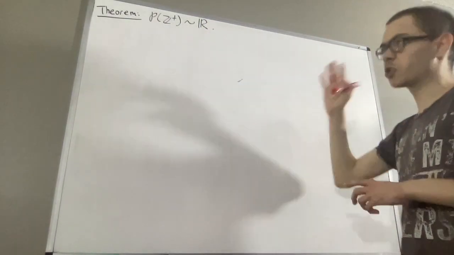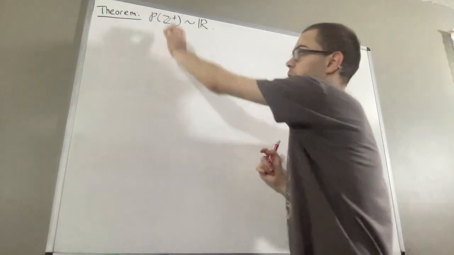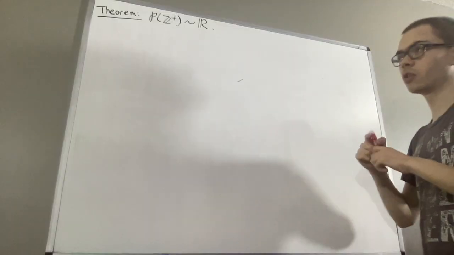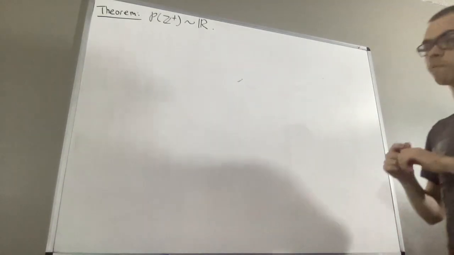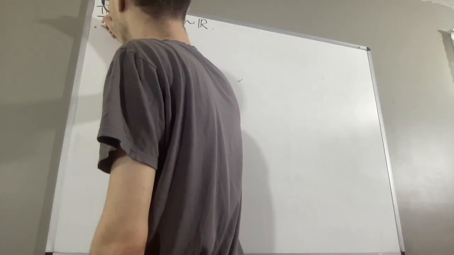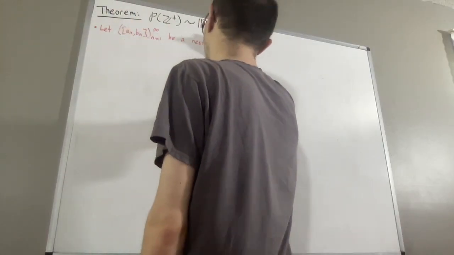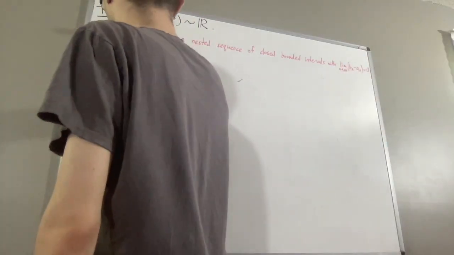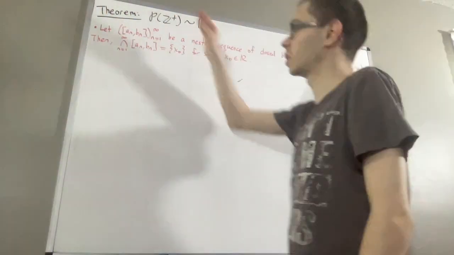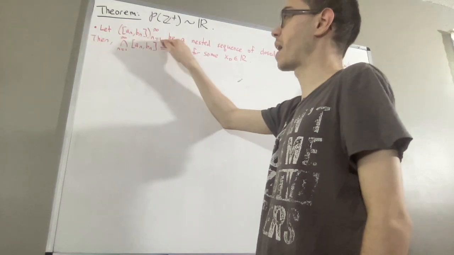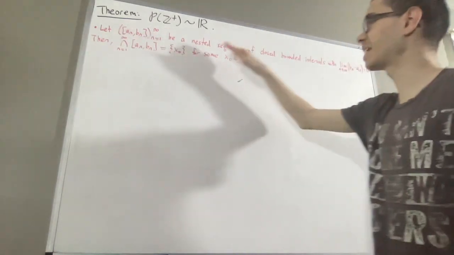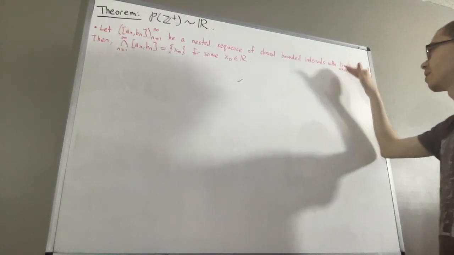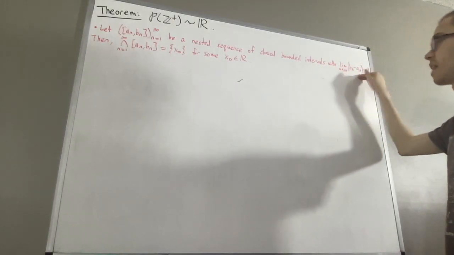So, we're first going to show there's an injection from the power set of the positive integers to the real numbers. And to do that, let's recall the following result, which we have proven. Let (a_n, b_n) from n equals 1 to infinity be a nested sequence of closed bounded intervals with the property that the limit as n approaches infinity of b_n minus a_n is equal to 0.